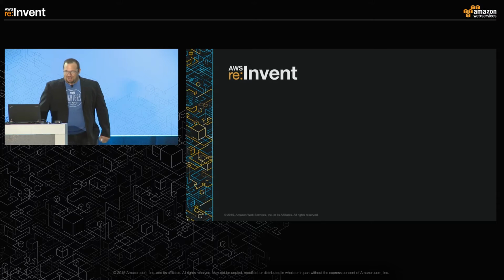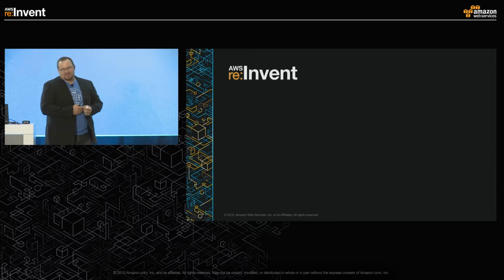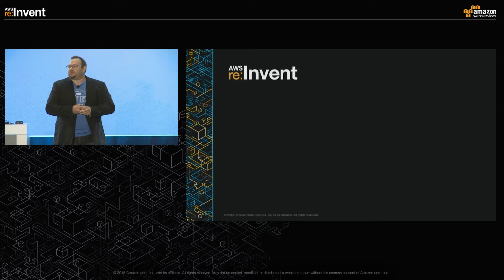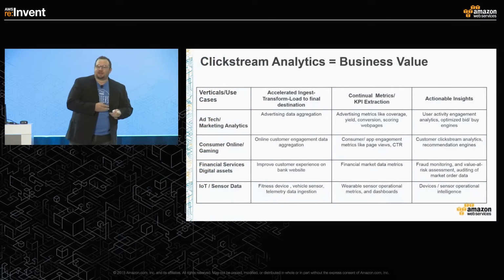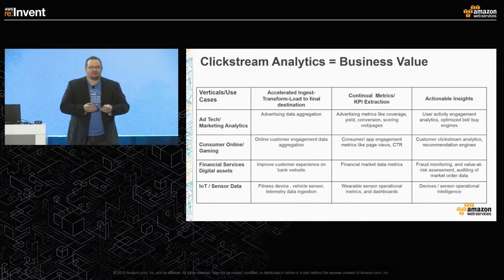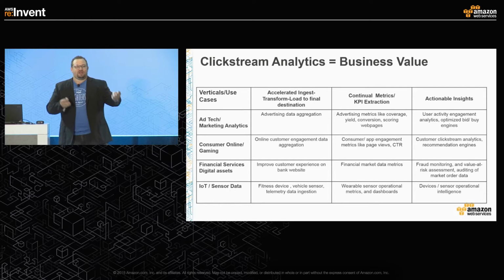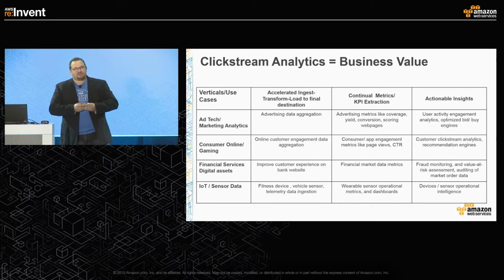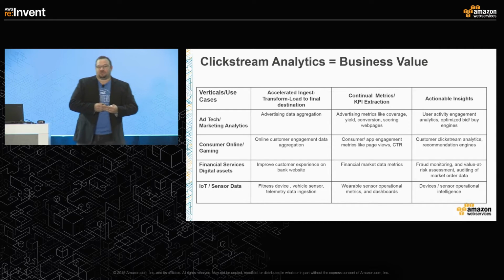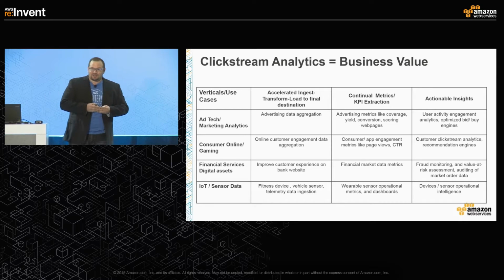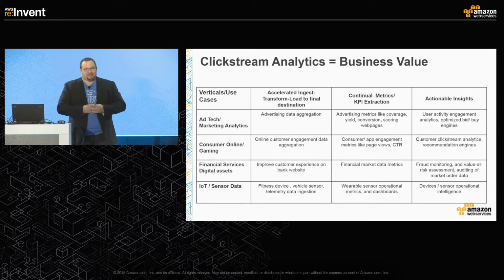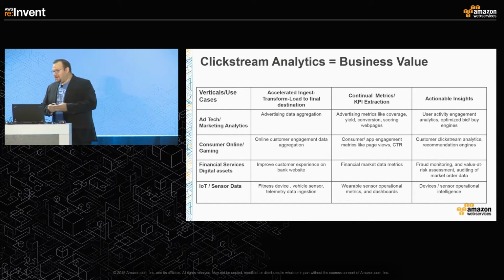So, Clickstream Analytics really means business value. Regardless of which vertical you're working in, whether it's consumer online, e-commerce, banking, if you heard Capital One today, moving to AWS using their digital platform, or Internet of Things, we want to identify what our customers are doing on our digital assets. So when we say Clickstream, it can be a click for advertising that they use later to aggregate data and analyze.